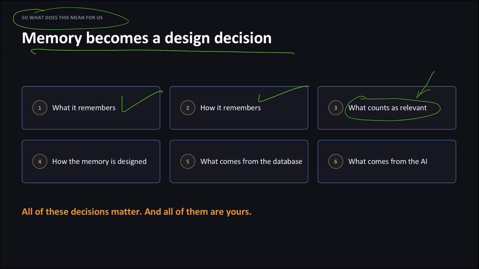When you're designing the memory, you should know what all things have to be captured in persistent memory. Then, post the memory, if you're trying to connect to a database, what comes from the database, what comes from the AI? Maybe this has to be an API. What comes from the API? All these decisions matter, and all of them are yours while you're designing an agentic AI.